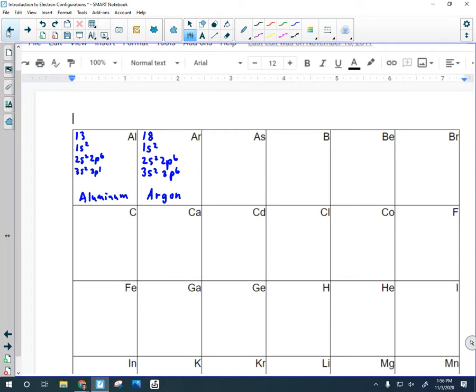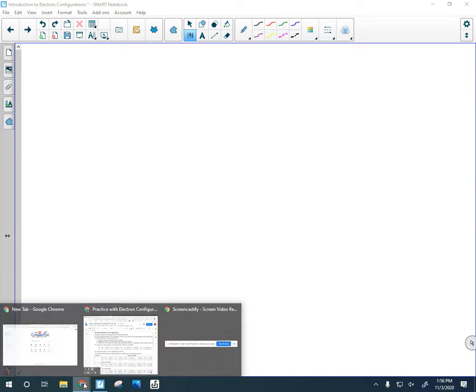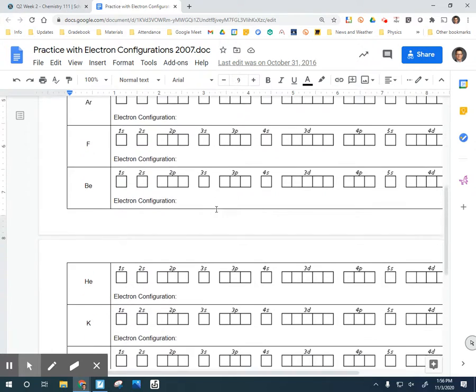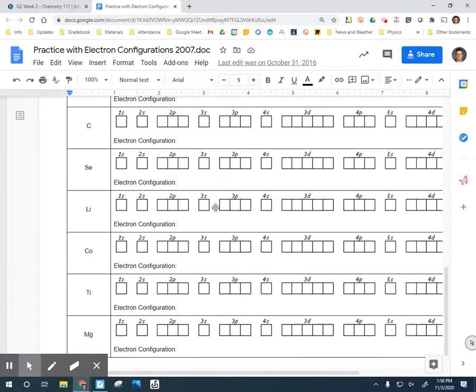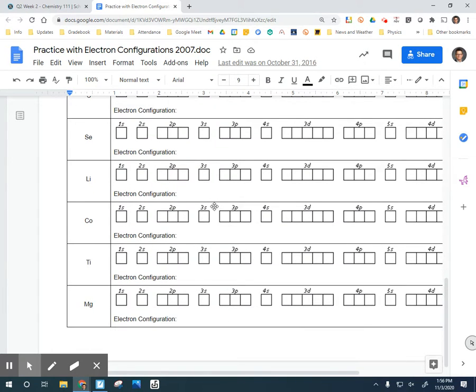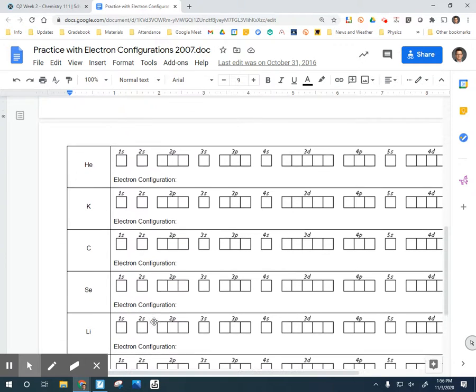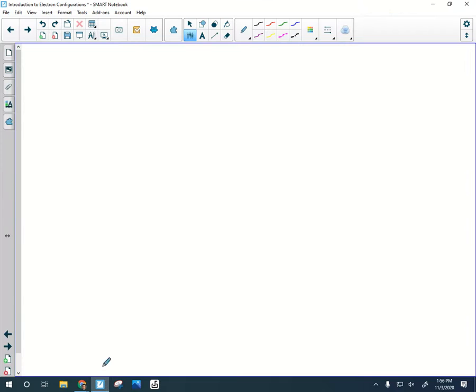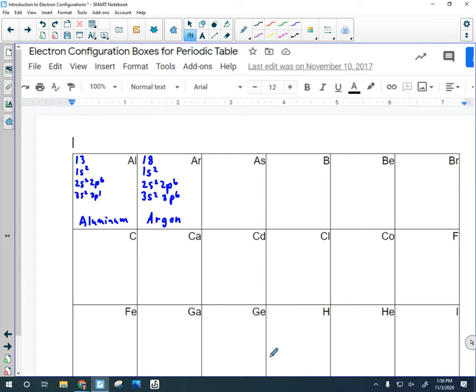What I would recommend is you're going to have all of these done, the practice with electron configurations, by the end of the day today. What you can do is find each of those elements, and you can find the corresponding box and take care of those. That'll actually knock out a good number of the elements that we have here.